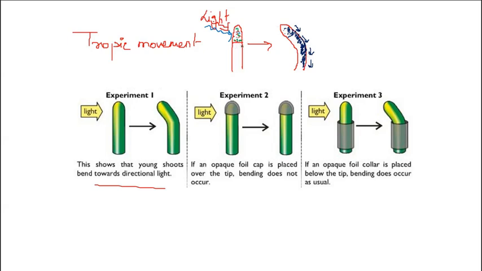So see, the source of light is here, and the bending is occurring towards the source of the light.